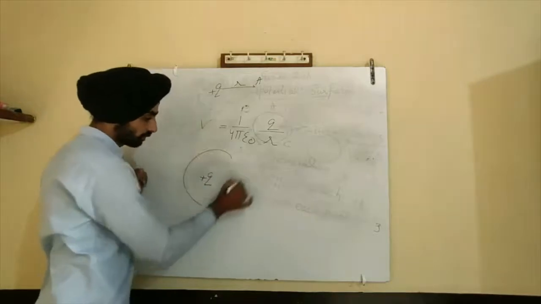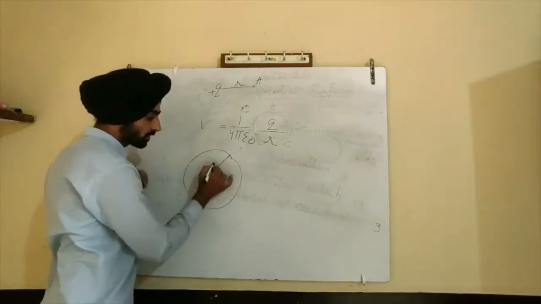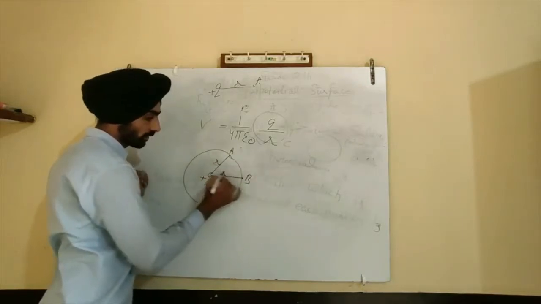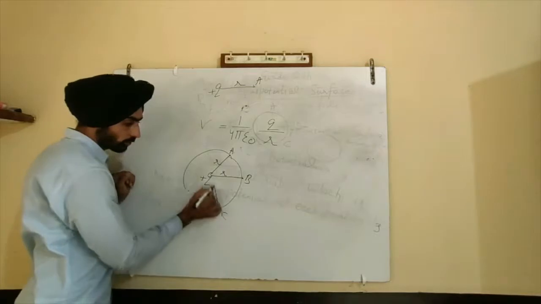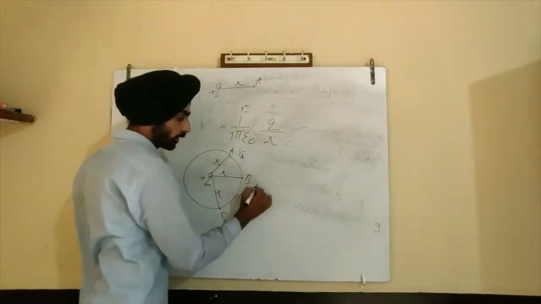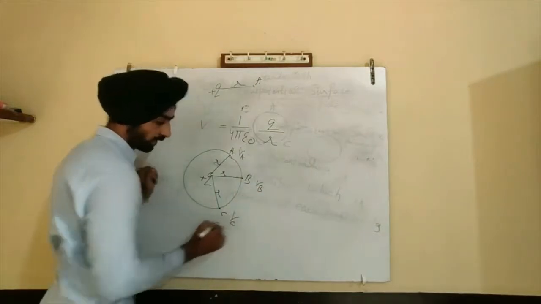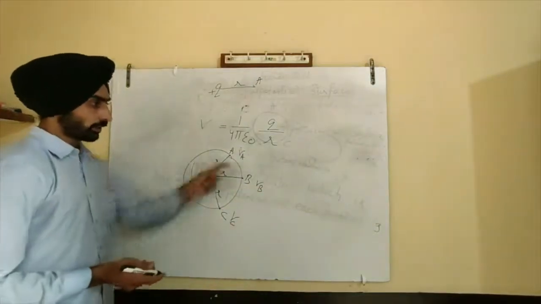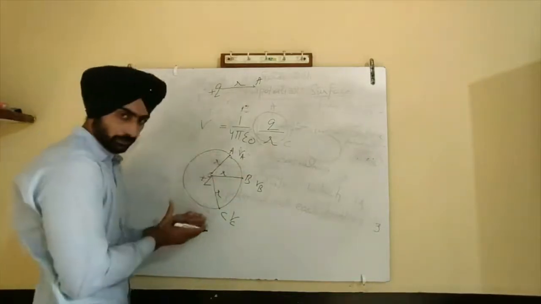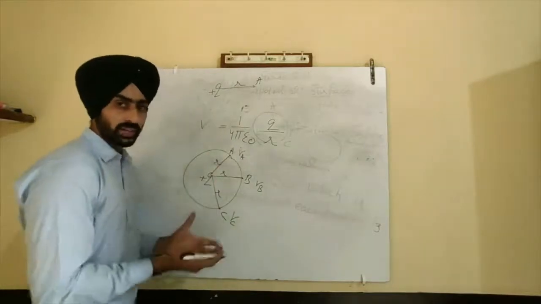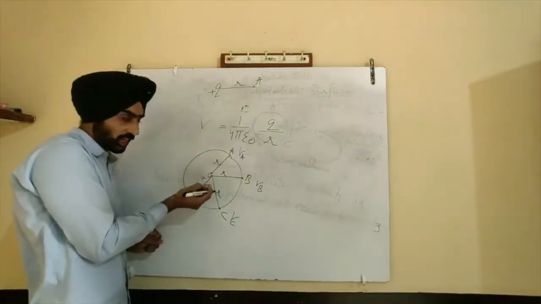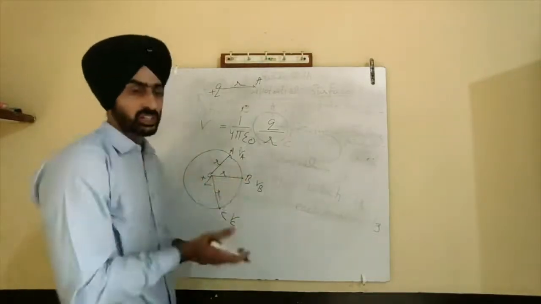Point A is at distance R, point B is also at distance R, and point C is also at distance R. So the potential at A, at B and at C will be equal because R is the same for A, B and C. So this surface around the test charge is an equipotential surface.